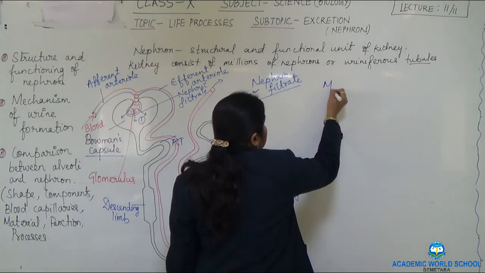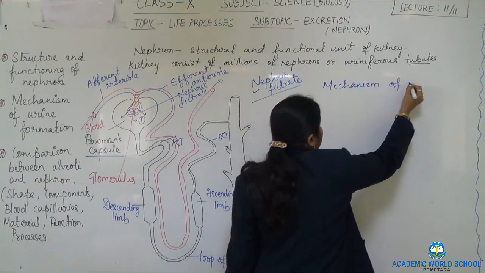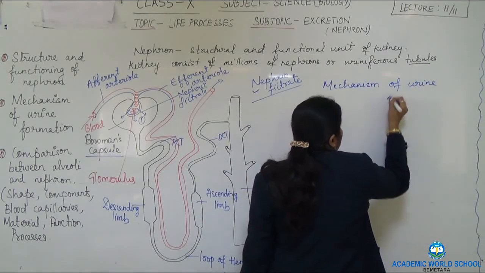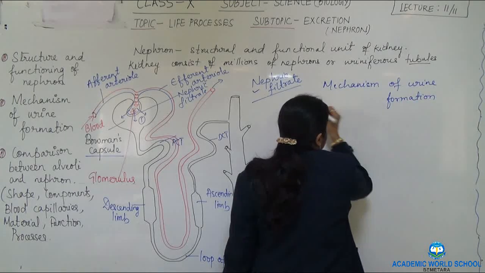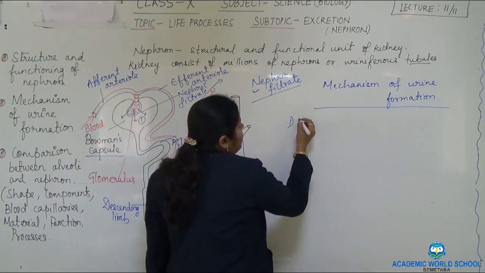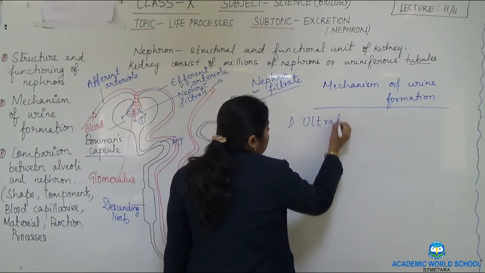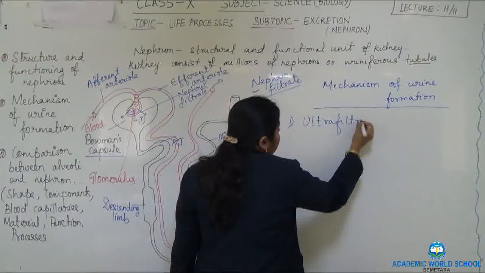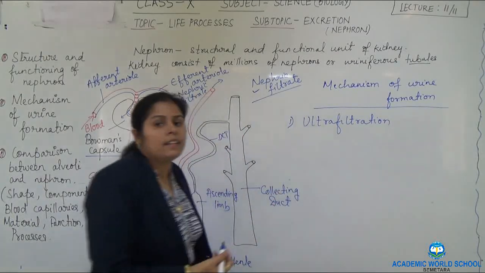We will see the mechanism of urine formation. This mechanism of urine formation consists of 4 steps. Let me write it down first. The first one is ultrafiltration. It is also called glomerular filtration because it is taking place in the glomerulus.